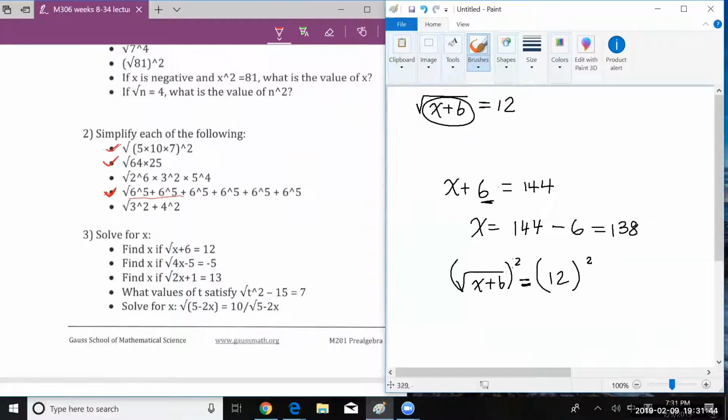So we square both sides. Remember we have a rule which says the square root of a squared is a, correct? So we can successfully remove the square root sign. The left becomes x plus 6. The right part is 12 squared, which is 144.